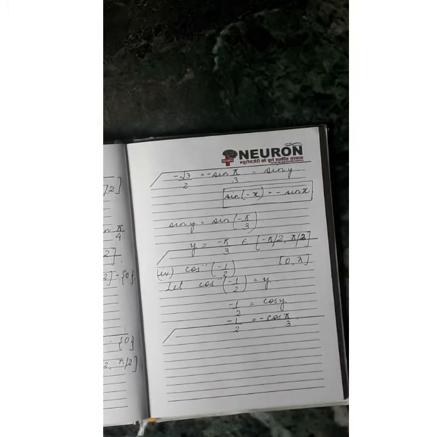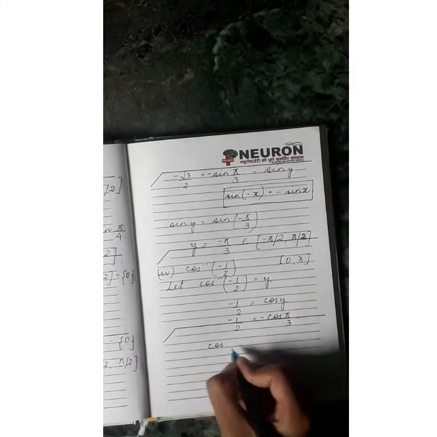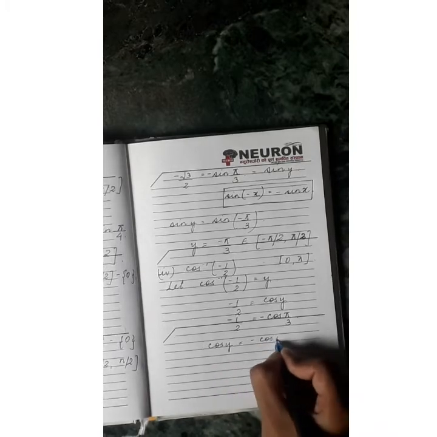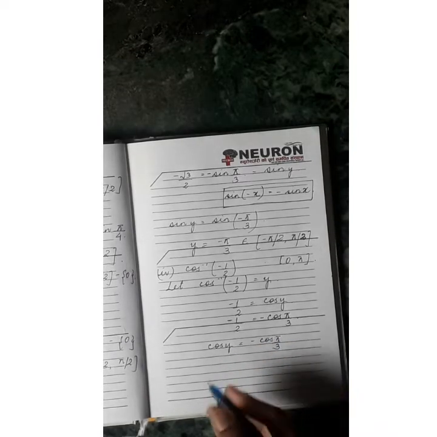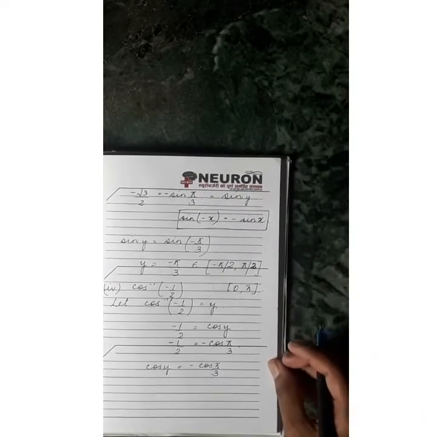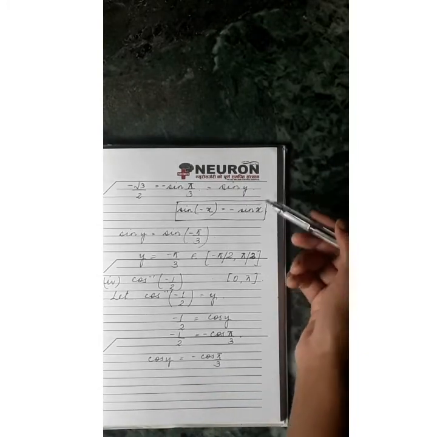So, minus 1 by 2 corresponds to minus cos pi by 3. So, what is the next step? Here also you are getting the same thing. Can you link it? See, cos y is equal to minus cos pi by 3. But here you don't have an identity like this.